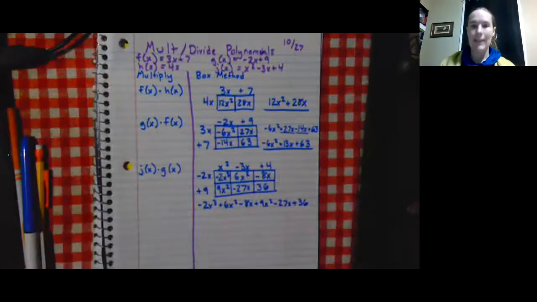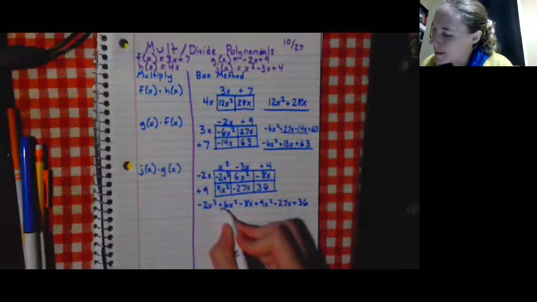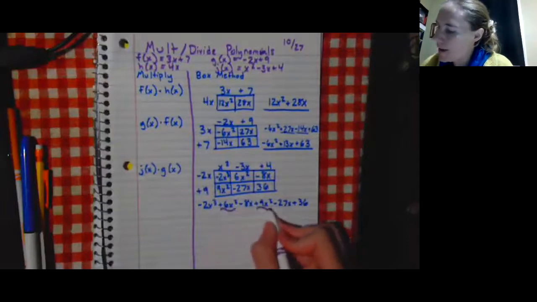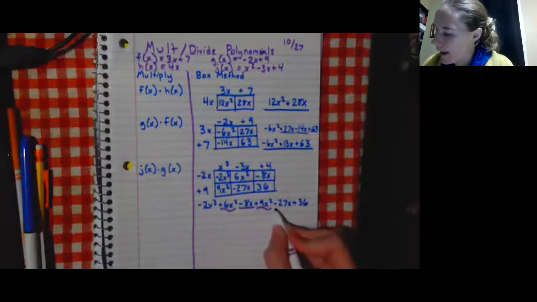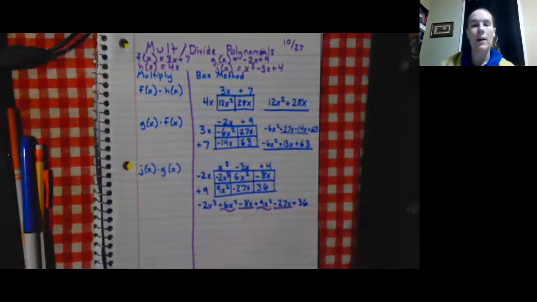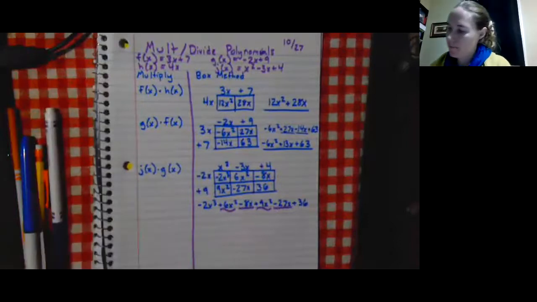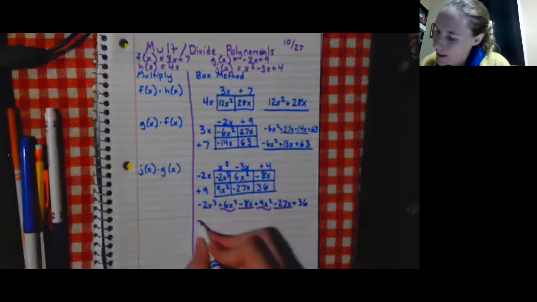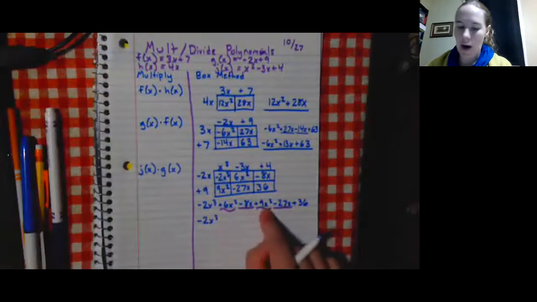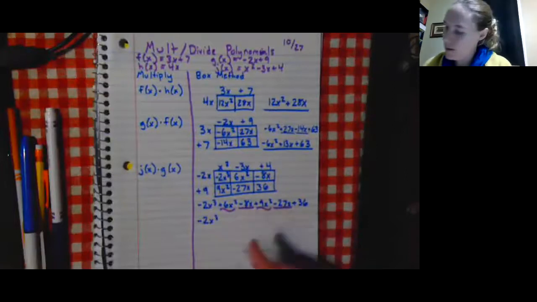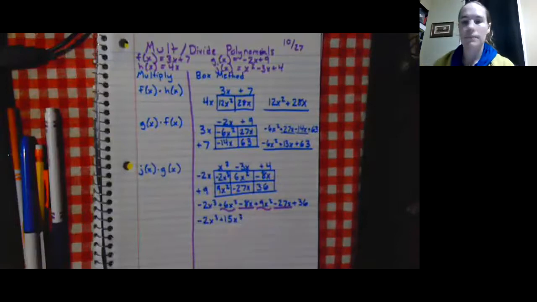Now I need to combine like terms. So I have 6x squared and 9x squared. I also have negative 8x and negative 27x. So you want to combine those terms together. So I keep my negative 2x cubed, then 6x squared plus 9x squared is 15x squared.